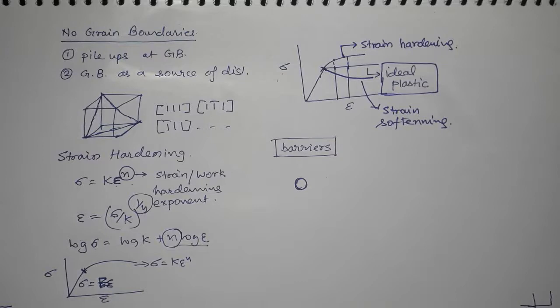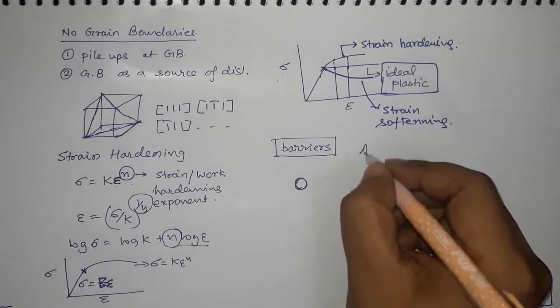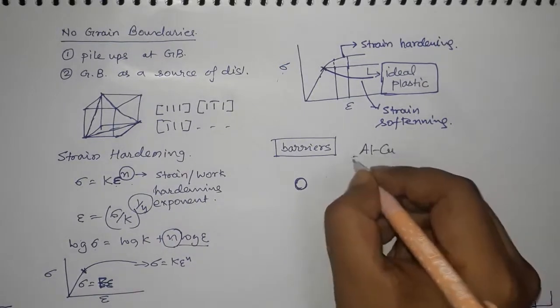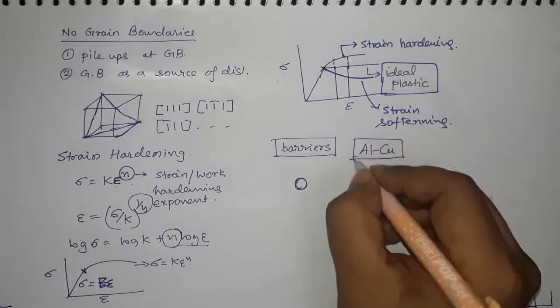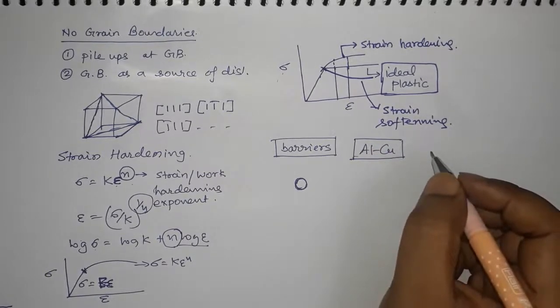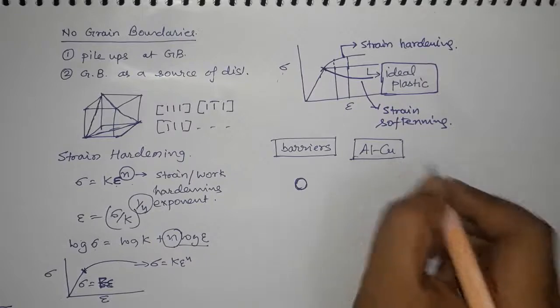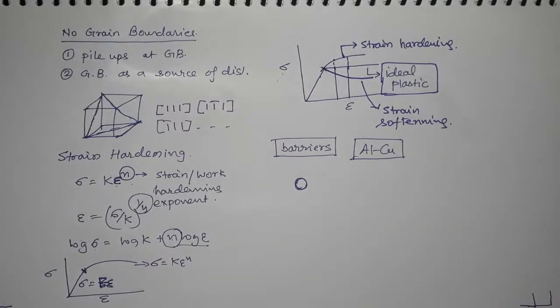Once they start precipitating, so for example you have the aluminum copper system. Maybe you have studied this part where precipitation happens in the aluminum copper system. What happens is that copper starts depositing on one of the planes which will be common between the crystal of aluminum and copper.